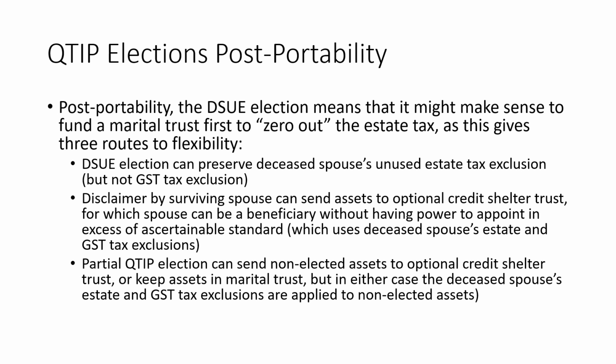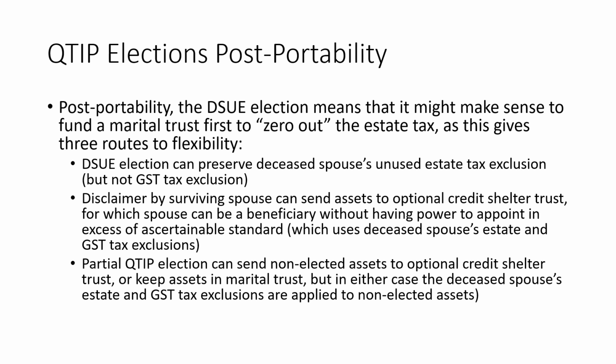And in that case, the deceased spouse's unused estate and GST tax exclusions could be applied to that credit shelter trust. And a third out could be a partial QTIP election, which could simply hold non-elected assets which wouldn't use the marital deduction in the marital trust, or it could send them on to an optional credit shelter trust known as a Clayton QTIP trust. And in either case, those non-elected assets could use the deceased spouse's unused estate and GST tax exclusions.